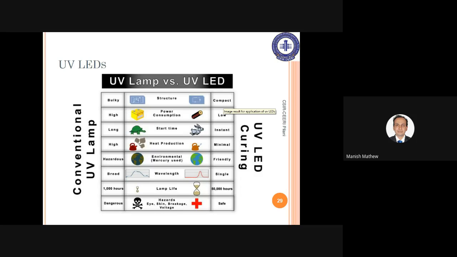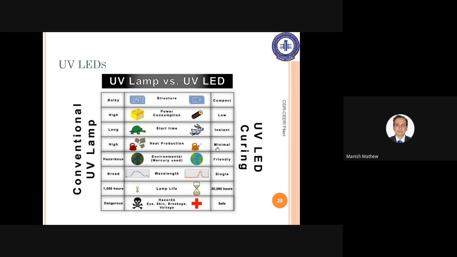We make this UV LED with the help of aluminum gallium nitride based III-nitride materials, and this is the only material with which you can make ultraviolet LEDs. The advantage of this LED is that it is very compact. The power consumption is very low. You only require a cell to operate this type of LED. The start time is instant. Once you switch on, it will start. And the heat production is minimal.